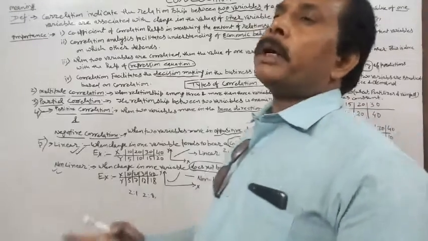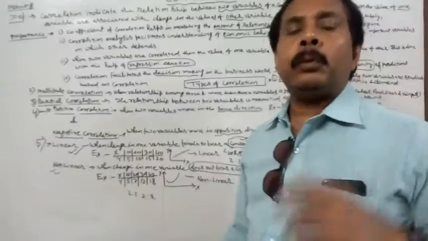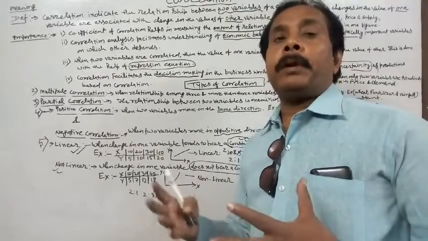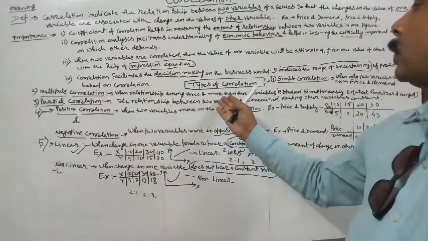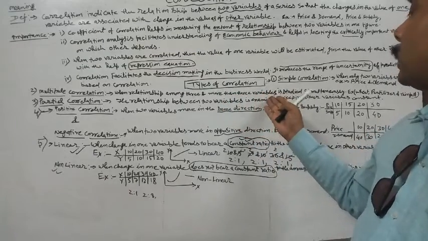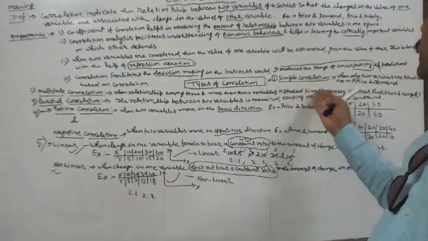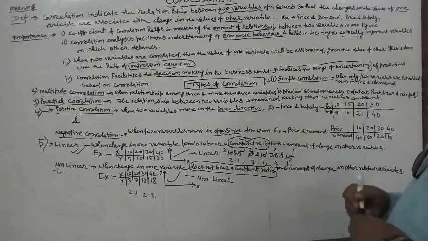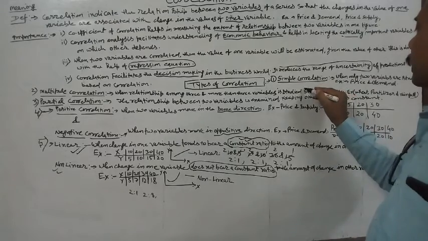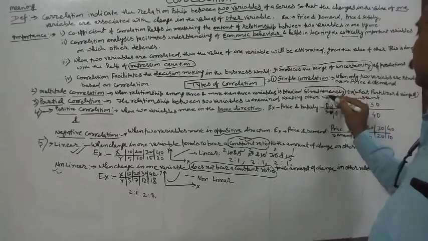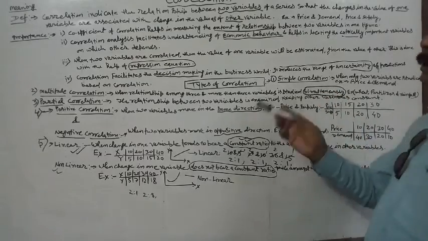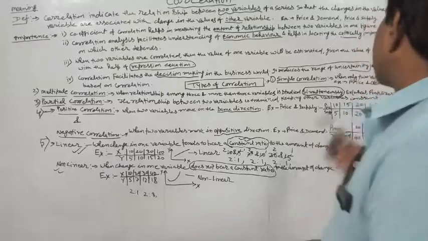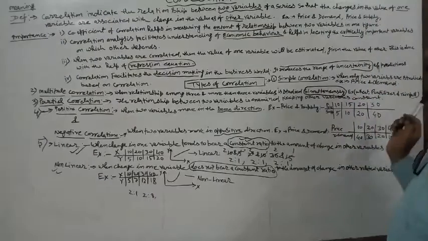Multiple: here the word multiple means more than two variables, that is 3, 4, 5 and so on. When the relationship among three or more variables is studied simultaneously, this is the important term, that is known as multiple correlation, such as wheat, fertilizer, rainfall.